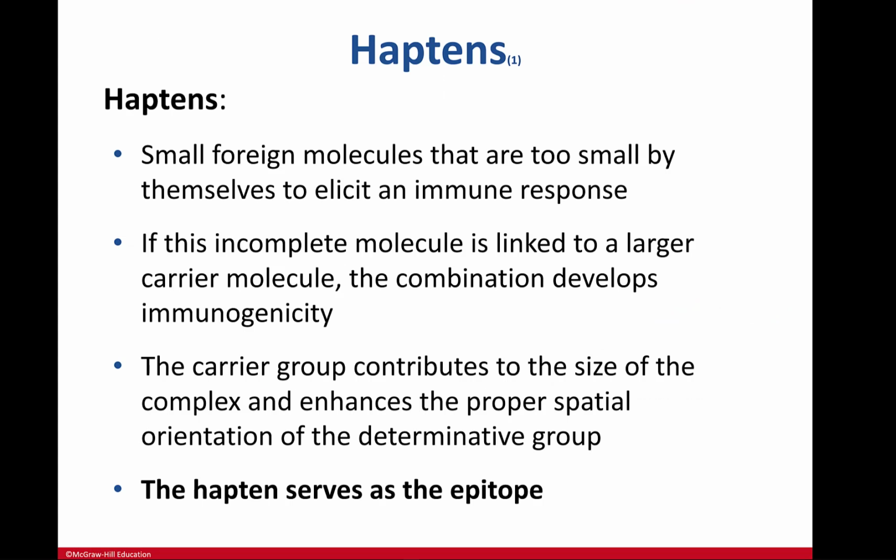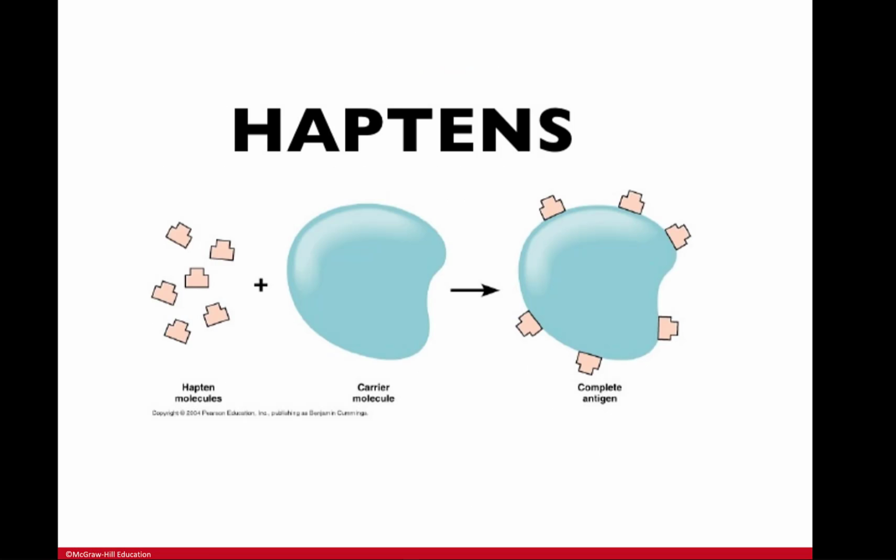Haptens are different. If the antigen is really, really small, we can enhance it by this concept of a hapten. So smaller components linked together with some sort of carrier molecule, we get a complete antigen, and that's called a hapten.